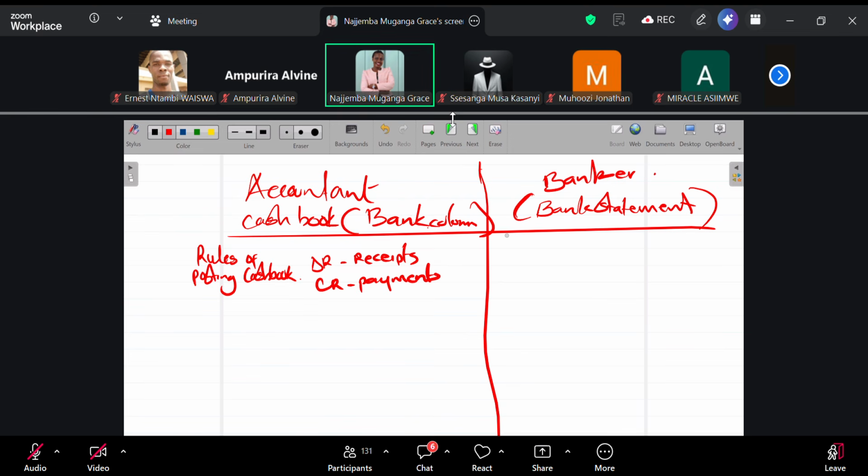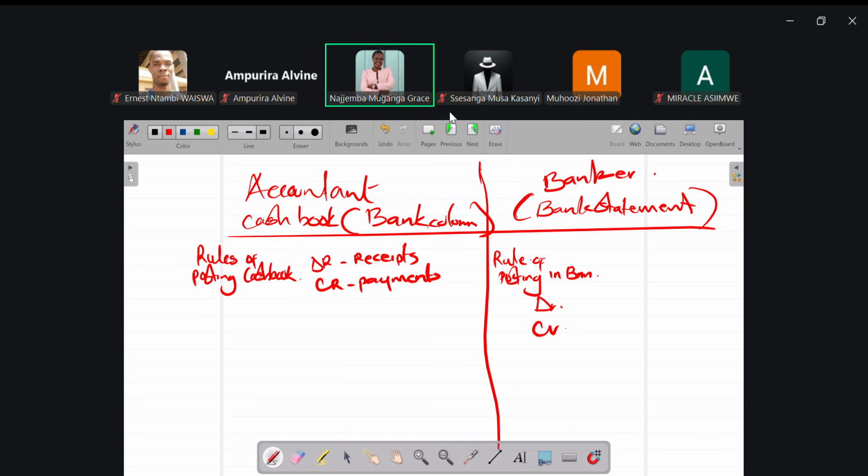So now it's different with the bank. In the bank, what do we do? Anyone with an idea? When you receive money on your account, when you're told that your account has received money, what do they do? They credit receipts and debit payments for the bank statement. Very good.